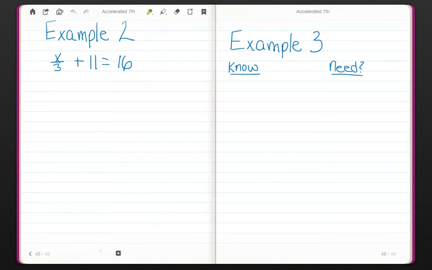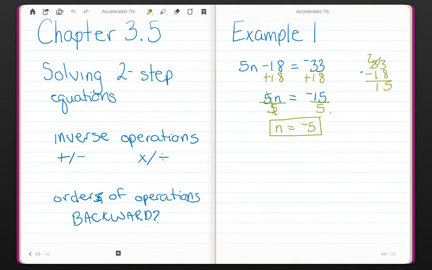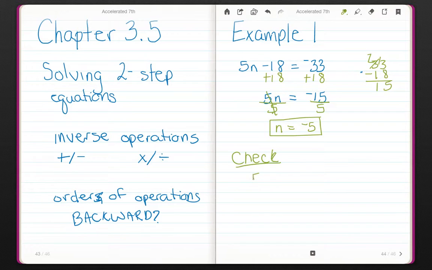Here, let me go back to example 1 first really fast and show you how to check your work. So if I want to check to be sure that I'm correct, I'm going to write 5 times negative 5 minus 18 equals negative 33.